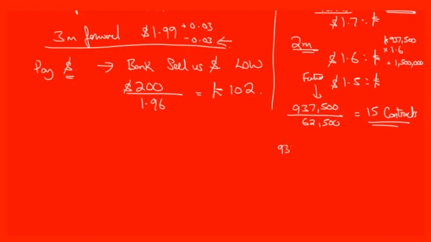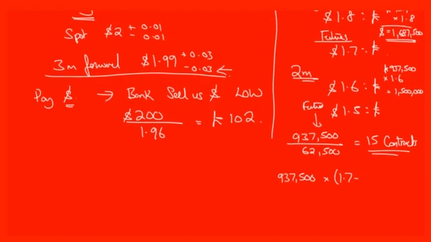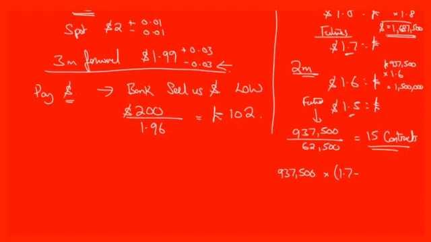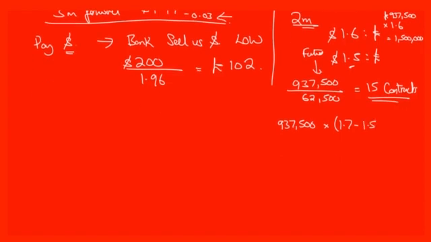Well, we would have had our 937,500 times by the movement: the futures contract went from 1.7 down to 1.5, so times by 0.2. Times by 0.2 comes to 187,500, and we would receive that from the bank.